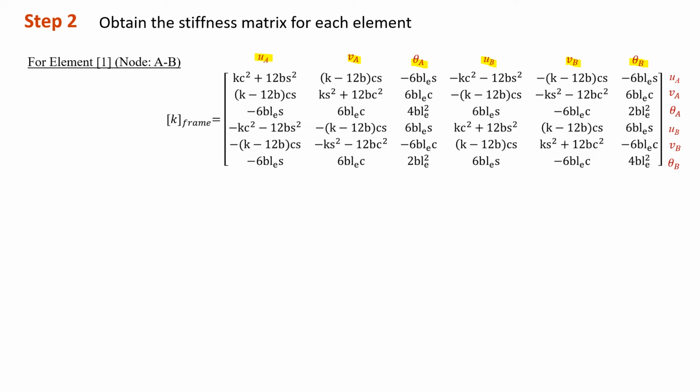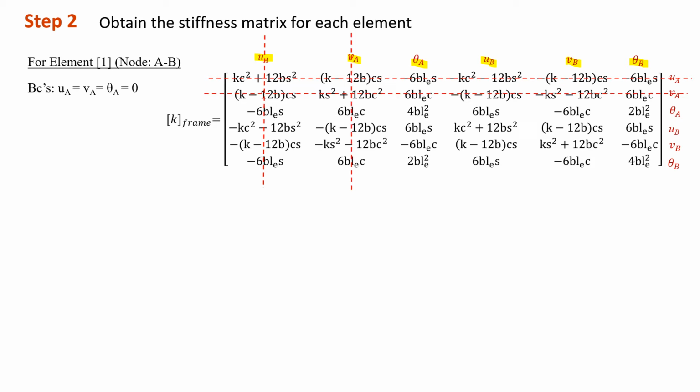So for the first element, we know that UA, VA, and theta A are equal to 0. Therefore, to simplify our calculations, we can eliminate those columns and rows, as our interest is just to determine the displacement at point B. So we can eliminate the column for UA as well as the row for UA, as we're not going to calculate or determine the reaction force.